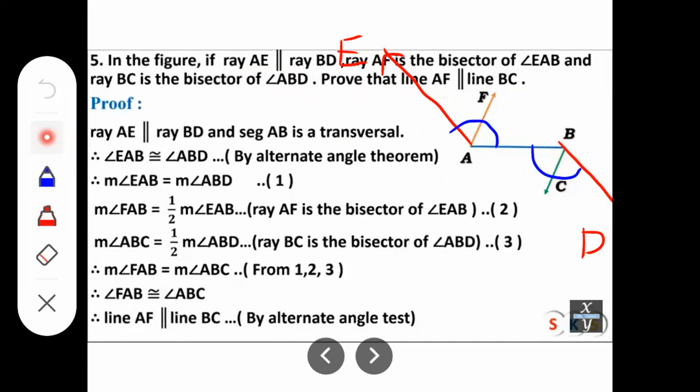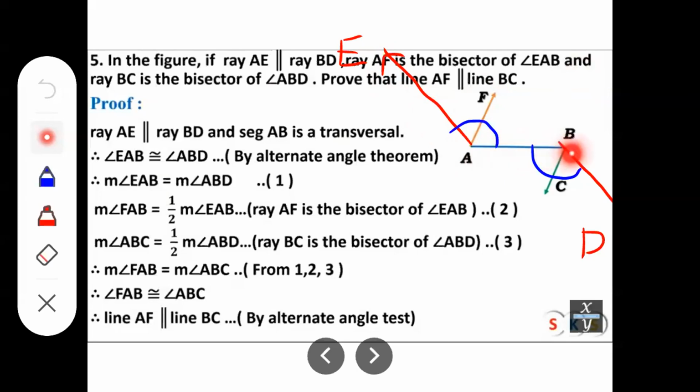And the bisector of angle EAB, ray AF, that is given, that is hidden due to the figure. Ray AF is the bisector. Now where is AF? This ray. Ray AF is the bisector of this angle EAB.